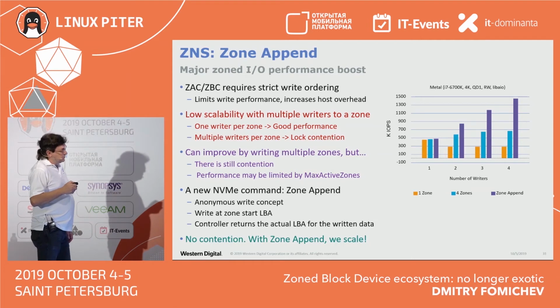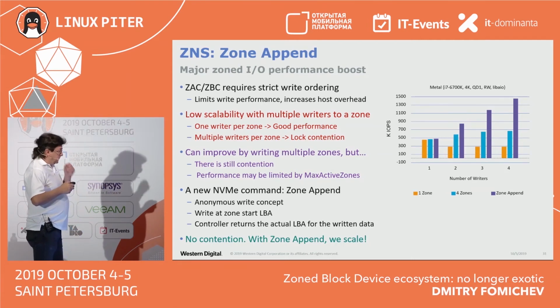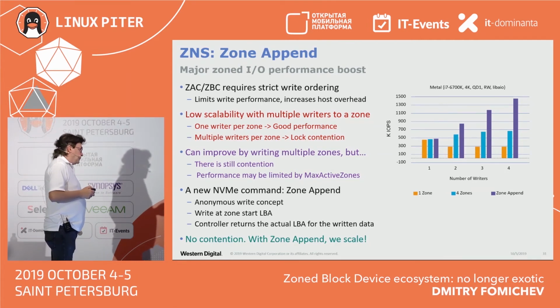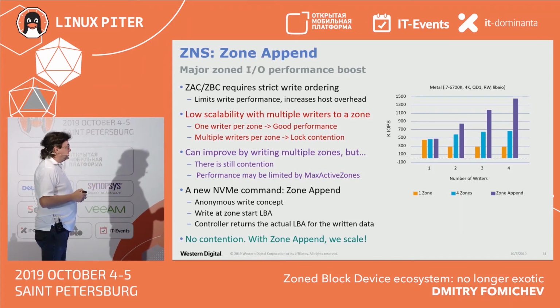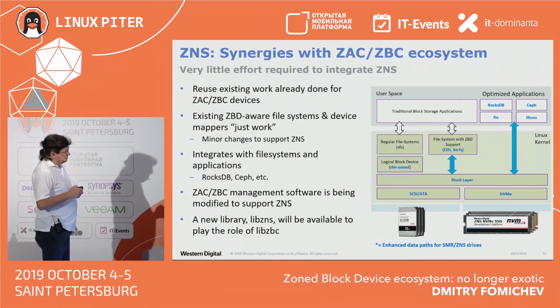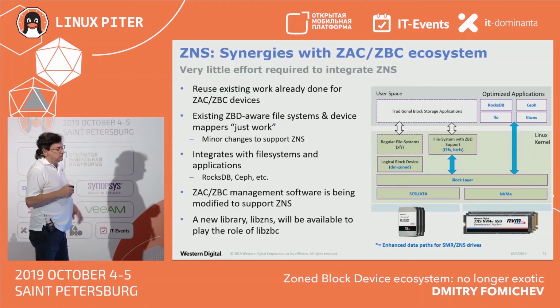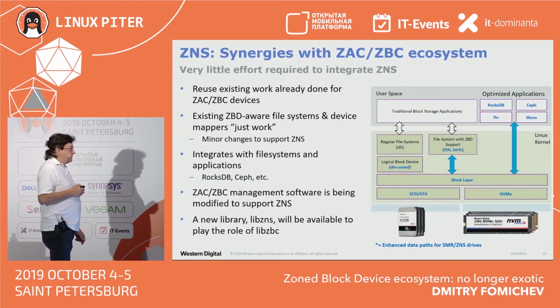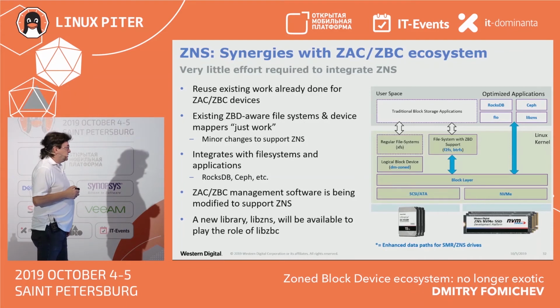With this, the performance actually goes way up. So that scales pretty nicely, and that will be one of the key features of ZNS. And this slide shows that it maps really nicely onto the existing ecosystem that we took a look at early in this presentation.